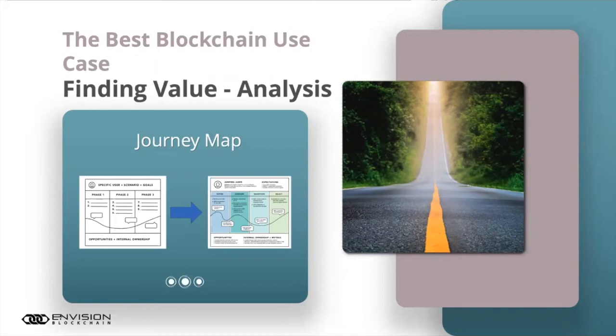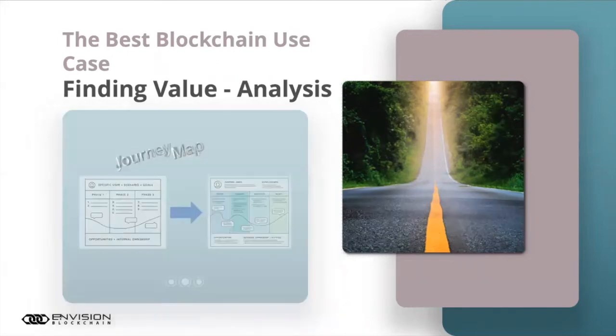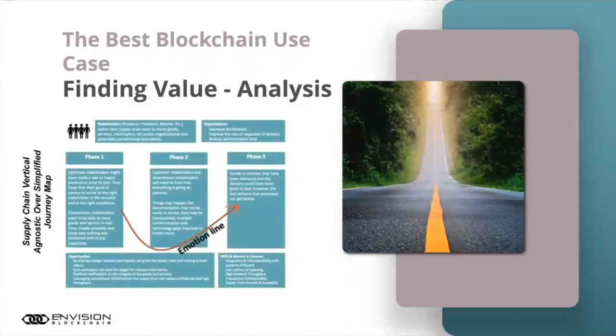And this is where you get different opportunities and different KPIs that the organization needs to hit. For example, just putting something out here, what Envision put together within the Enterprise Ethereum Alliance, when we were working in one of the use case task force groups, is this oversimplified journey map of a supply chain, vertical-agnostic example.